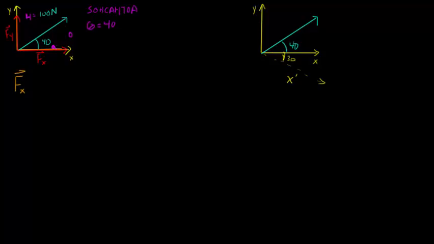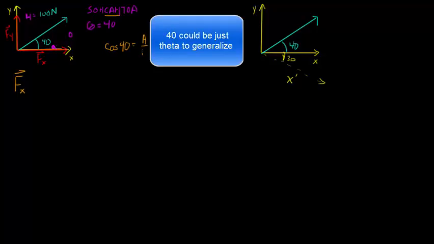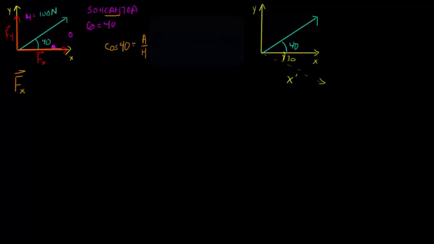Remember, it's a vector. So we're going to have to use the cosine in Sohcahtoa. If you don't remember how to use Sohcahtoa, this cosine is the c. So we have the cosine of 40 is going to equal our adjacent side over our hypotenuse. We know what our hypotenuse is, and we're looking for our adjacent side.